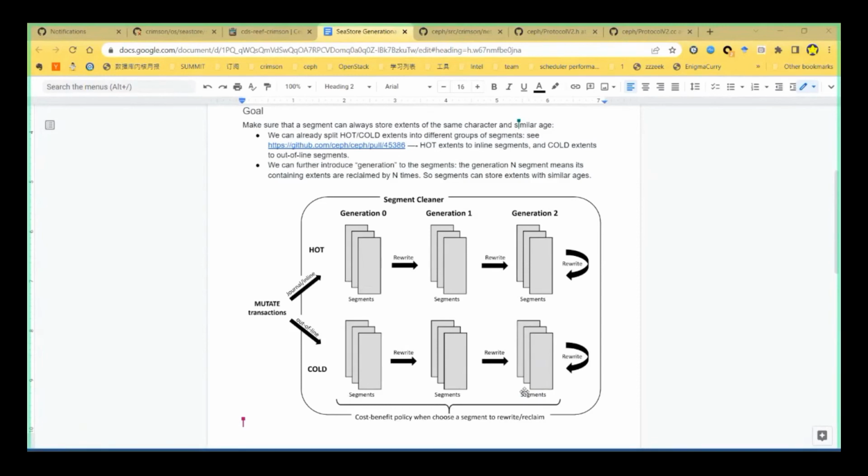So if we only write extents of generation 1 into generation 2, generation 2 will have similar age. That's the goal, to isolate the extents of different ages. The goal is actually to group extents by when they're likely to be mutated in the future. Age is just a good heuristic for that.